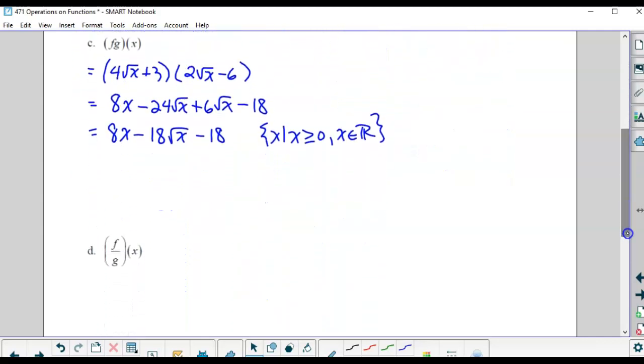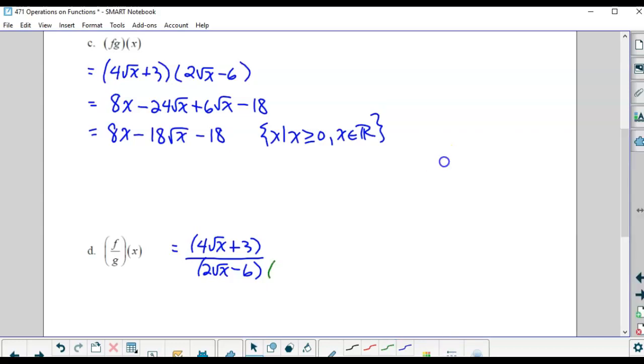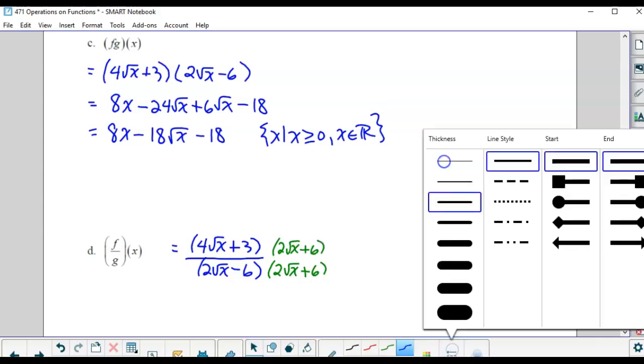And then dividing. So this would be 4 root x plus 3 divided by 2 root x minus 6. So we need to rationalize. So rationalizing, remember, you multiply by the conjugate of the denominator. We could have factored out a 2 here, but I'm just going to leave it. We'll have to do that at the end.